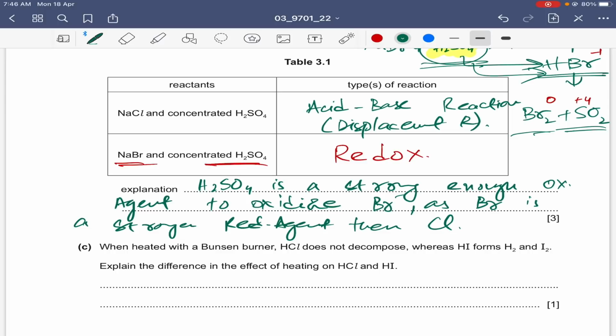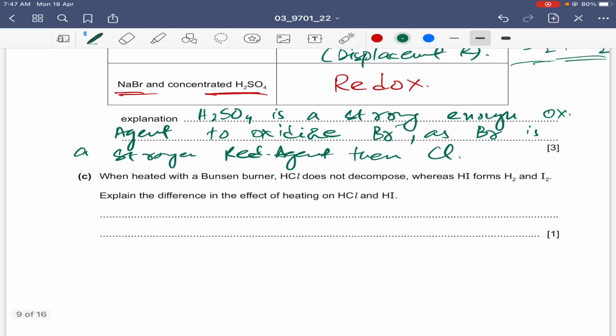So between Br and H2SO4 a redox reaction can take place, but between HCl and H2SO4 no redox reaction will be happening. All right, now the next question is, when heated with a Bunsen burner, HCl does not decompose, whereas HI forms H2 and I2. Explain the difference in the effect of heating on HCl and HI.